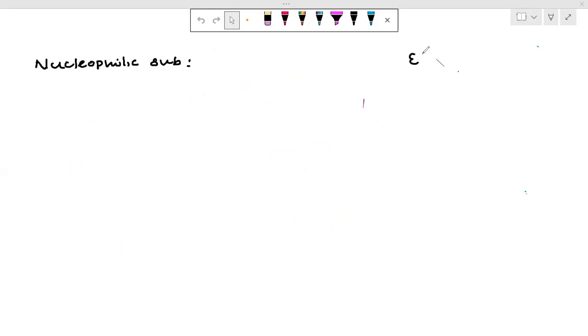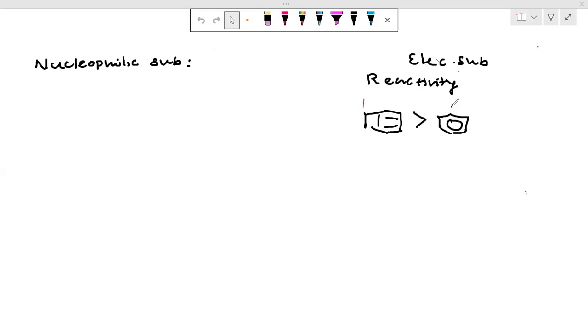The reactivity order is very important in electrophilic substitution, so let me recall it once more. Benzene is more reactive towards electrophilic substitution. Then we said nitrobenzene, then pyridine, then dinitrobenzene, and so on. This is the reactivity order towards electrophilic substitution.